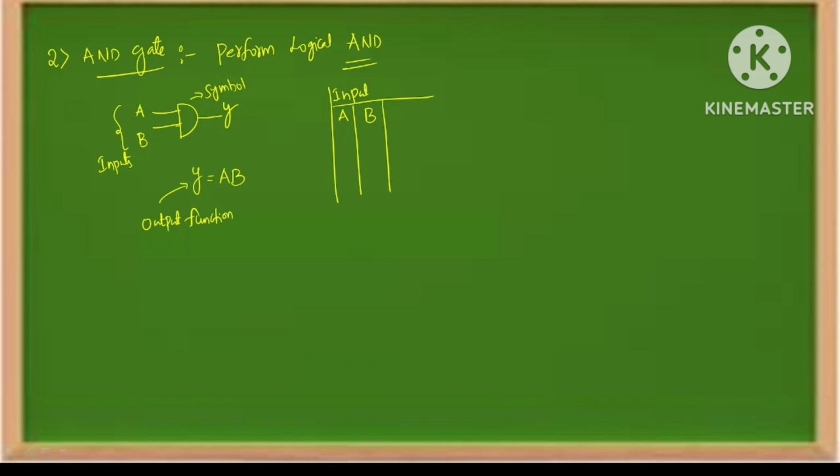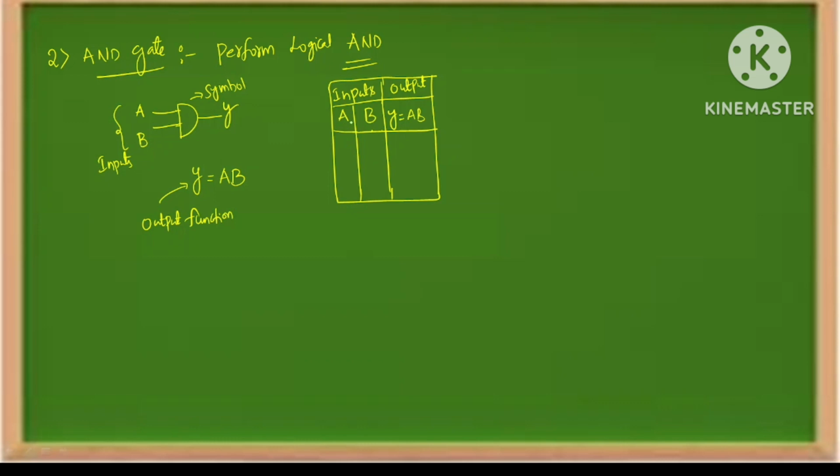A and B are the inputs applied to the logic gate, and Y is the output, where Y is equal to A and B. The truth table gives us the various input combinations that are possible and the output corresponding to each input.